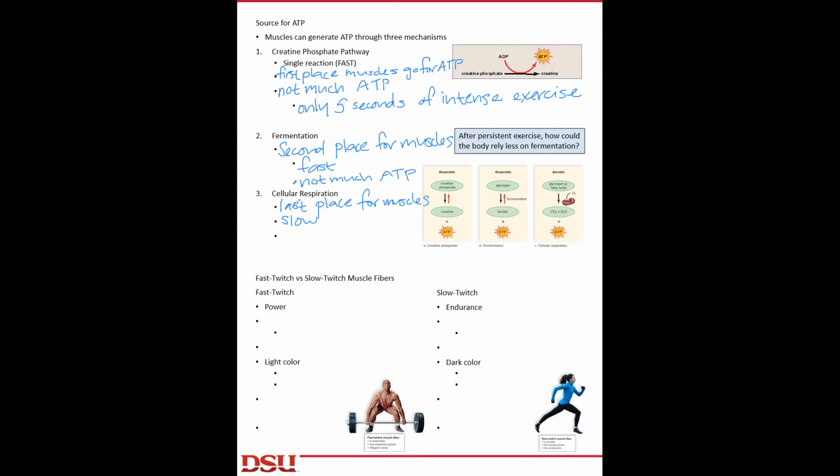However, it does produce a lot of ATP, which we know from our cellular respiration chapters. Remember that slow is a relative term here. Cellular respiration happens extremely fast, faster than we can comprehend, but compared to these other pathways, it's slow.